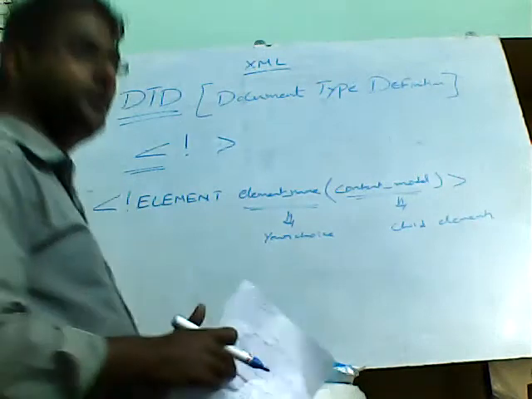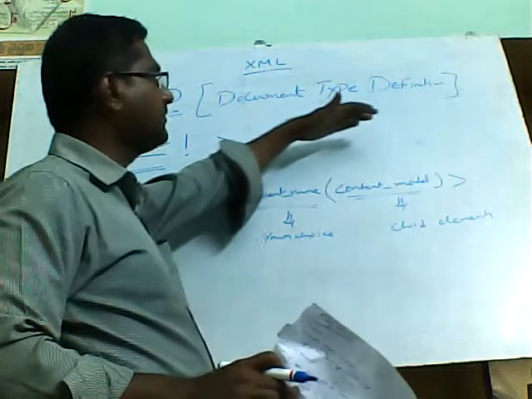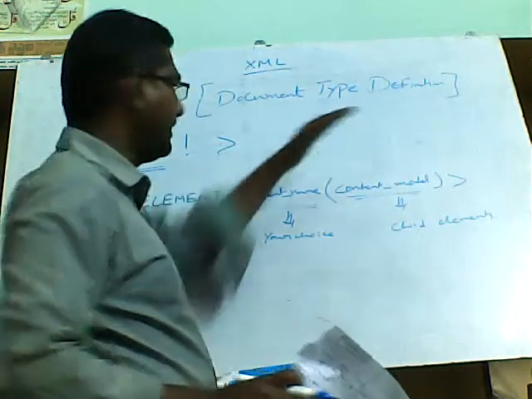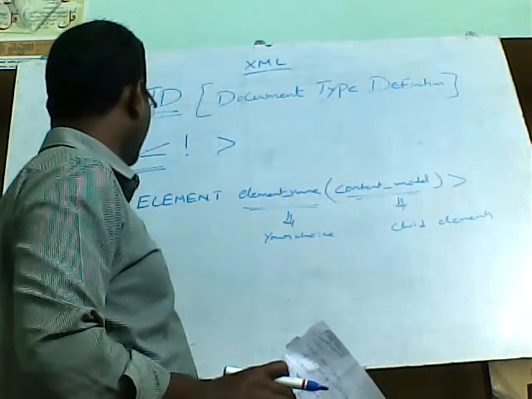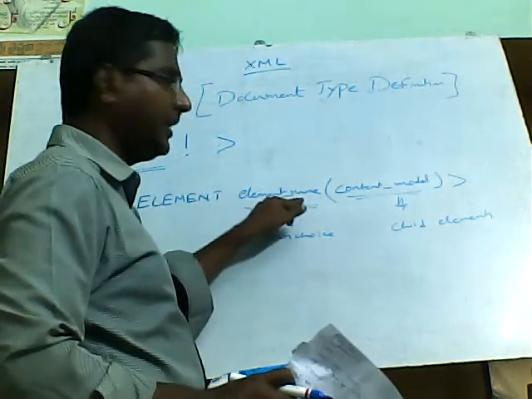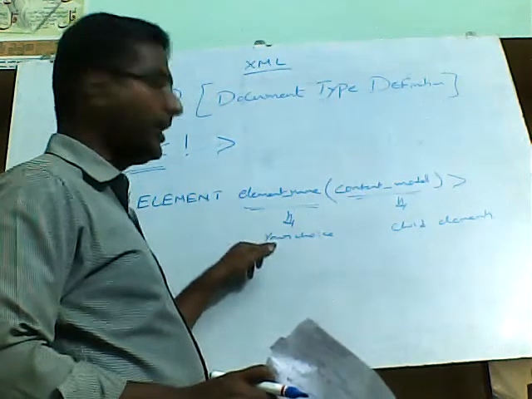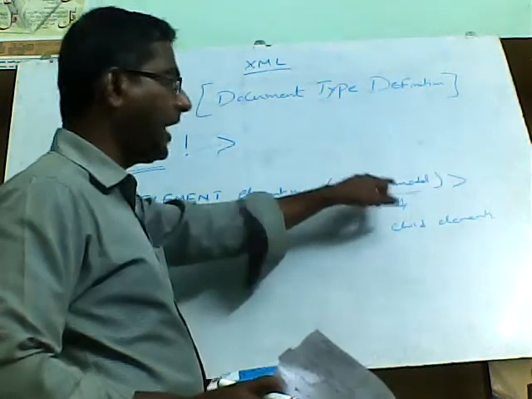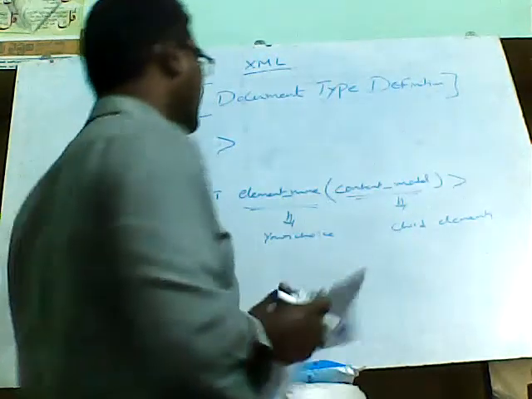Suppose, for example, you are writing the description for an XML document and the parent element. We write less than, exclamation mark, ELEMENT, followed by, for example, the root element employee. In the brackets under that employee, whatever child elements we have, we need to list them out here.